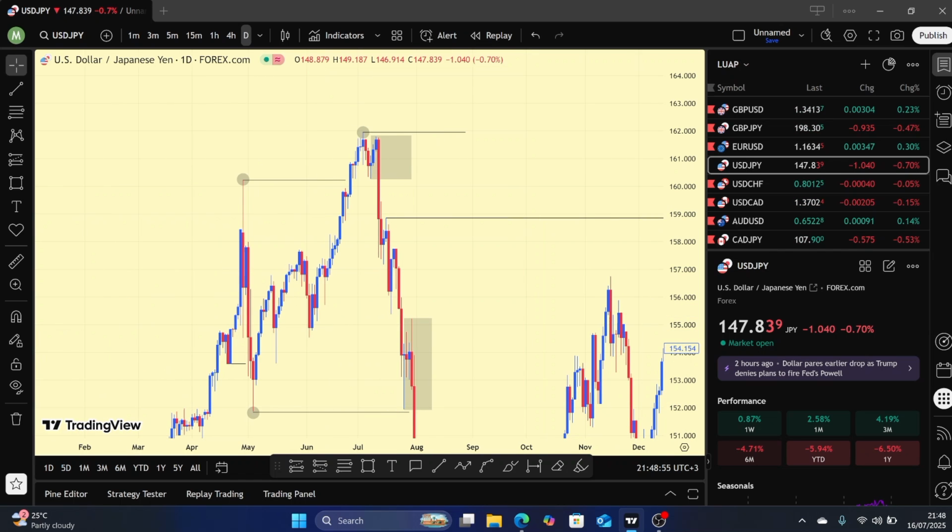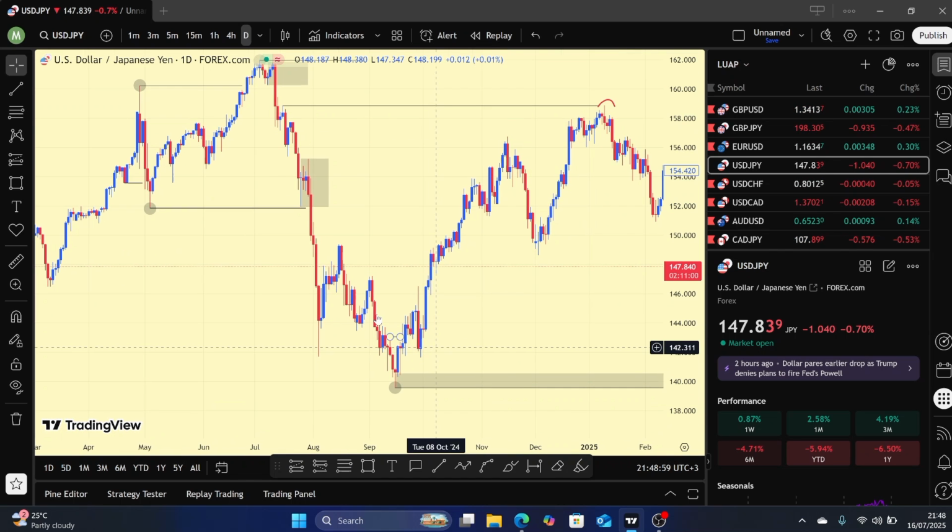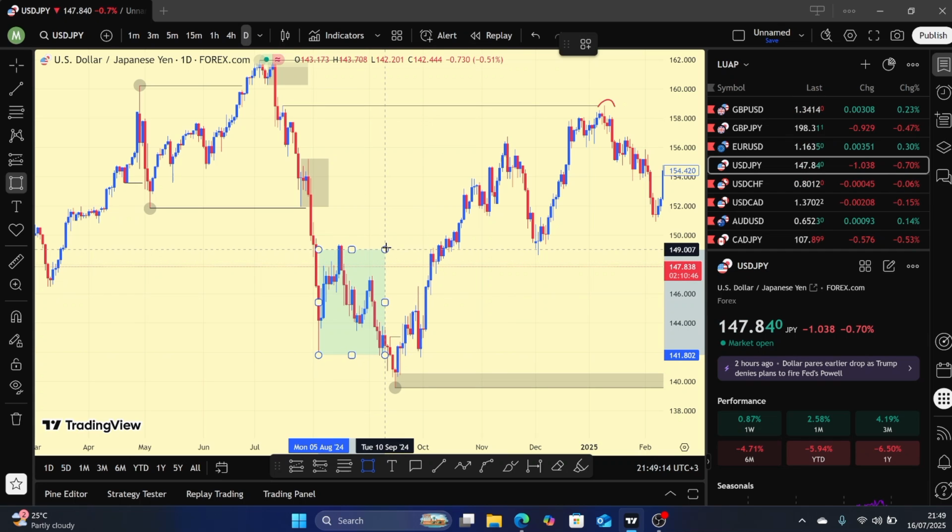So this here is just some additional knowledge. You can see right here, this here was the inducement, and this one here is also an order flow. Yeah, this one, starting from that low all the way to that high, that's an order flow, but we can clearly see it's mitigated exactly here with the pullback that created our inducement.